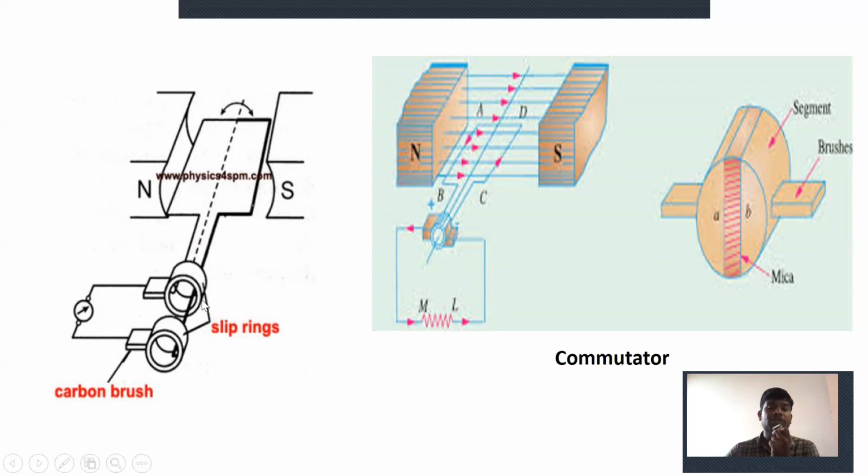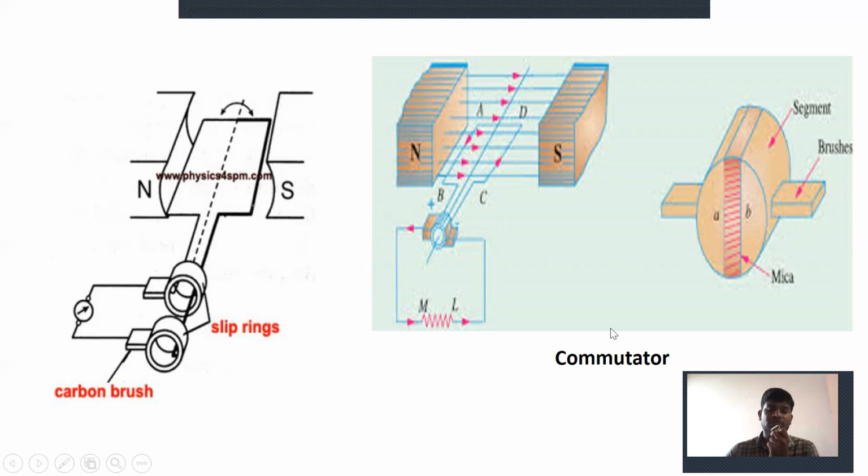The commutator converts the alternating EMF into a direct quantity. That direct quantity is collected by the brushes from the commutator. So the brushes collect the direct current from the commutator.